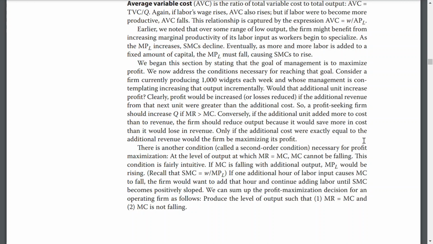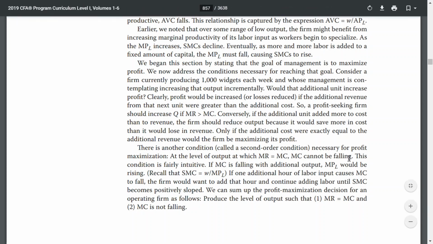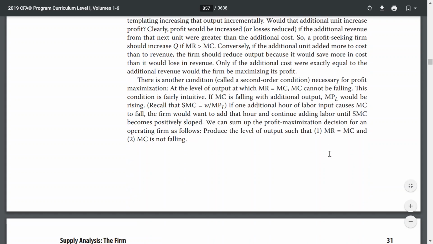There is another condition, called the second order condition, necessary for profit maximization at the level of output at which MR equals MC, where marginal revenue equals marginal cost. This is where the firm maximizes its profit. MC cannot be falling. This condition is fairly intuitive. If MC is falling with additional output, MPL would be rising.